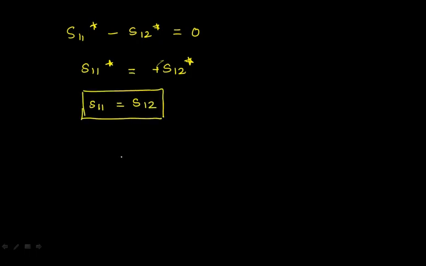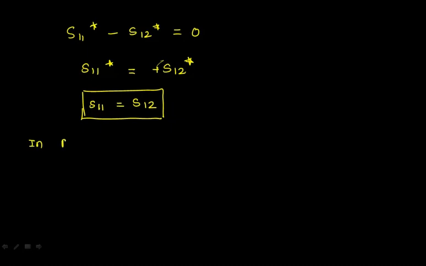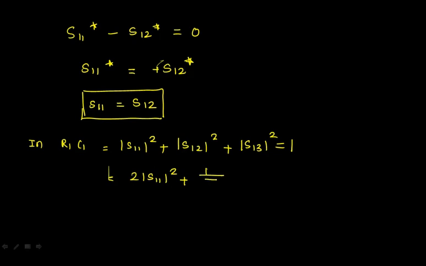Now, if you use the equation number 1, I know S13, and I know that S11 is equal to S12, so I'll use the r1 c1 equation. In r1 c1 we have S11 square plus S12 square plus S13 square is equal to 1, and these two are the same, so I can write 2 S11 square plus 1 by root 2 square is equal to 1.